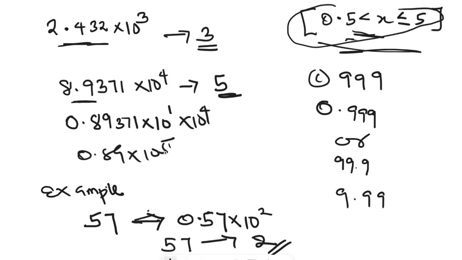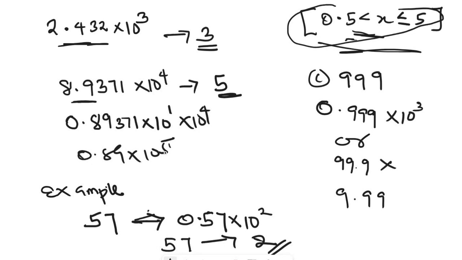If it's 0.999, that's times 10 raised to the power 3, which gives us 999. Let me check: 0.999 times 1000 gives us 999. If it's the second one, 99.9 times 10, yeah.